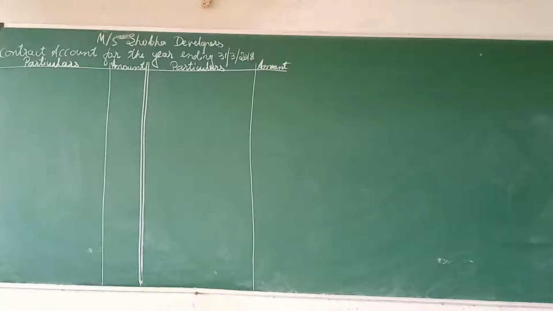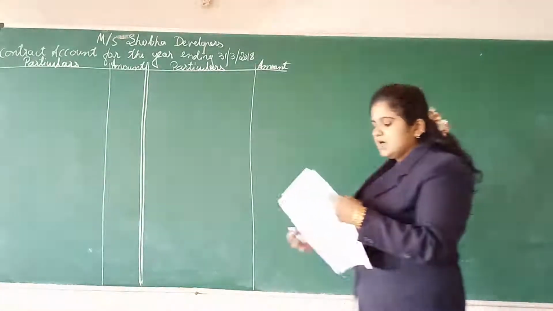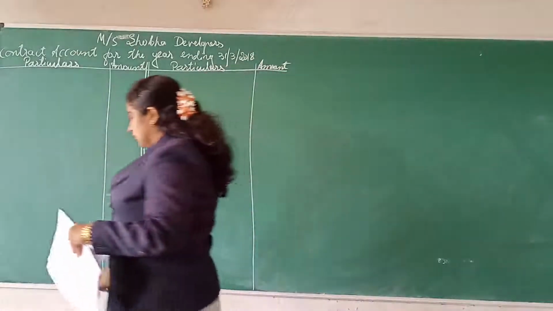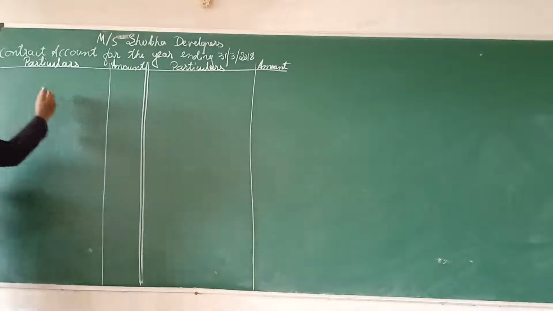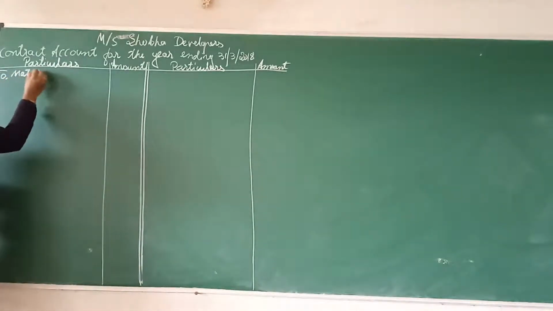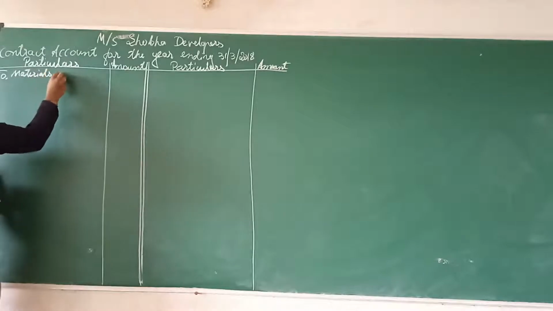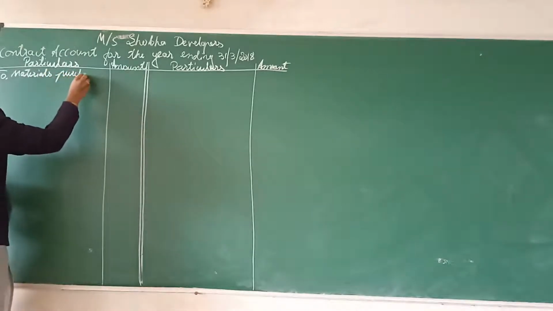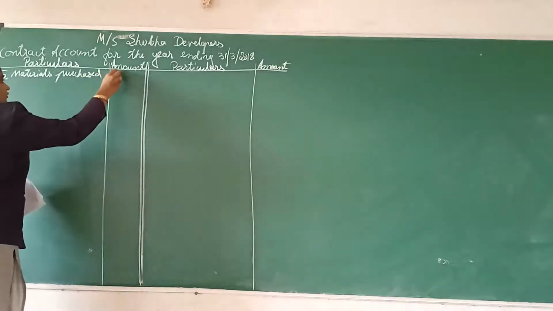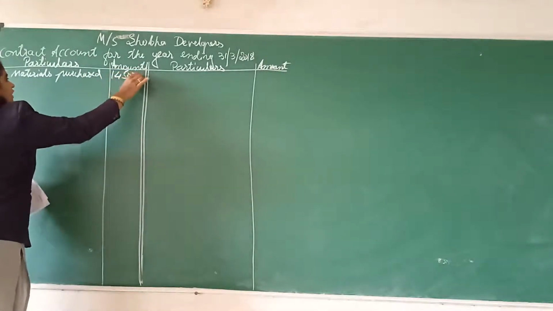Okay, we'll start solving this problem. Read out the first point, that is materials purchased. That has to be taken on the debit side. Materials purchased, amount is 1,45,000.